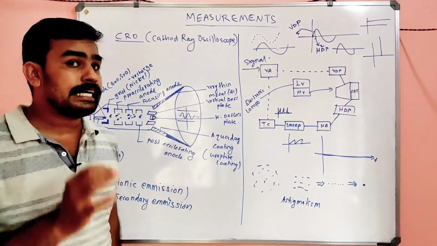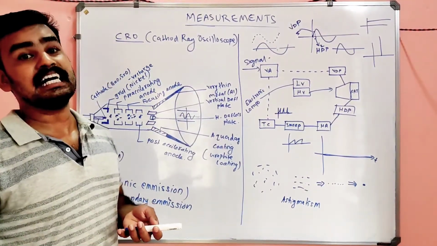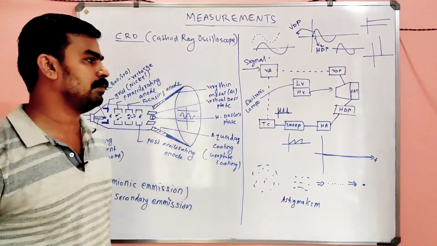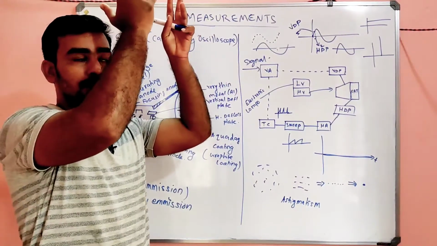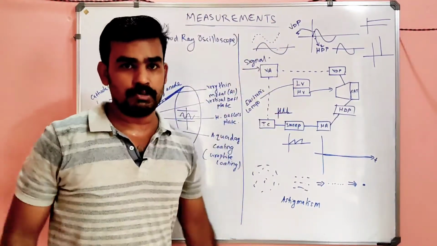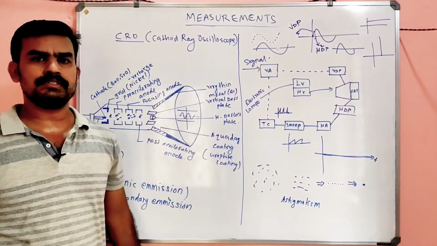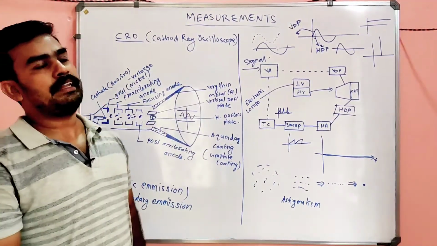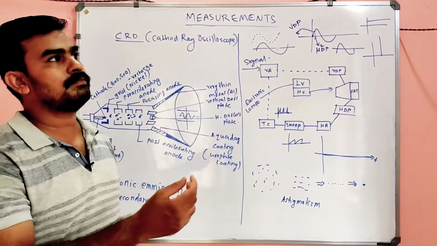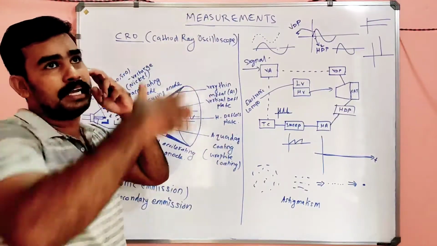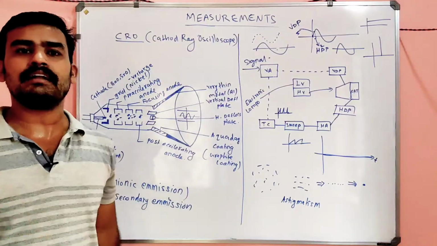And that time base will be generated much earlier than the signal arrives. For example, suppose you are tracing a signal of lightning. This can be traced by using a CRO. The lightning may be there in the atmosphere for a maximum of 1 or 2 or 60 or 100 microseconds.